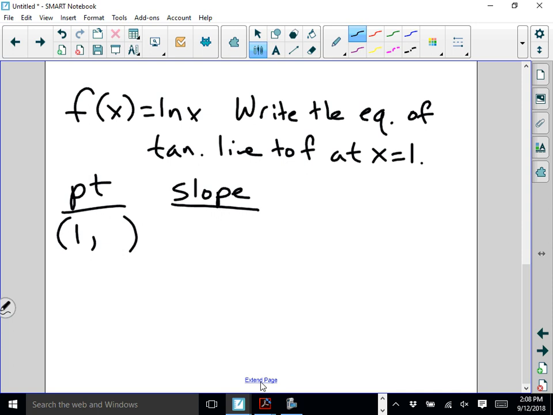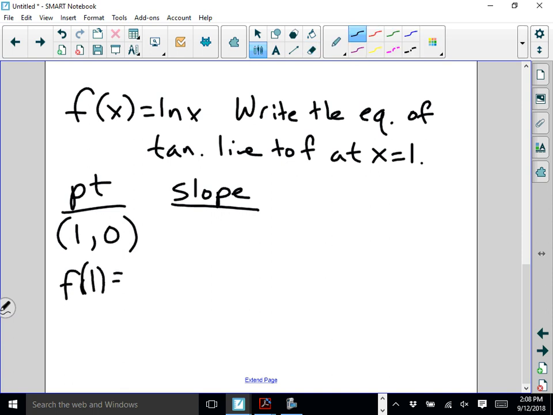So I could write ln 1, or I could be really smart and know what ln 1 is. ln 1 is simply 0. e to the 0 power equals 1. So I have the point (1, 0), because f of 1 equals 0.